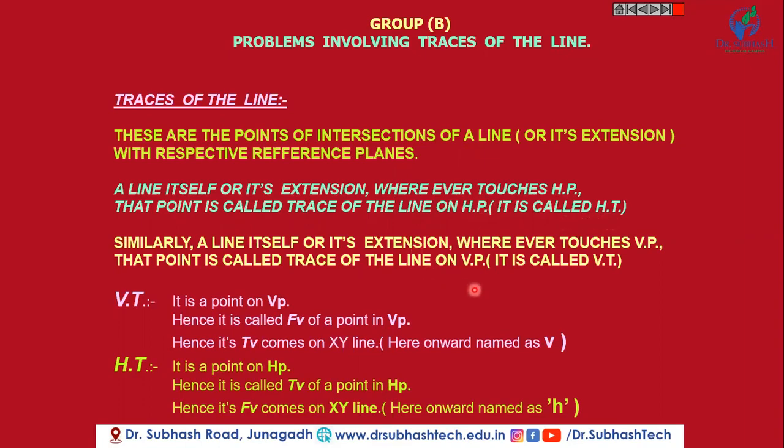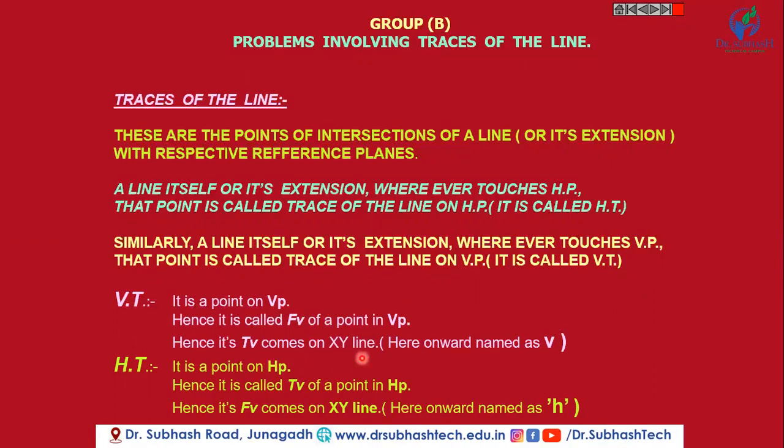Similarly, a line itself or its extension, wherever it touches the vertical plane, that point is called the trace of the line on VP, or the vertical trace. In short, remember that VT means the vertical trace. It is a point on VP, hence it is called the front view of a point in VP, hence its top view comes on the XY line.